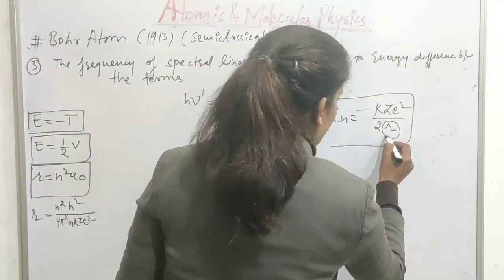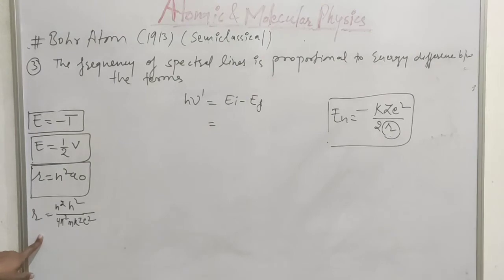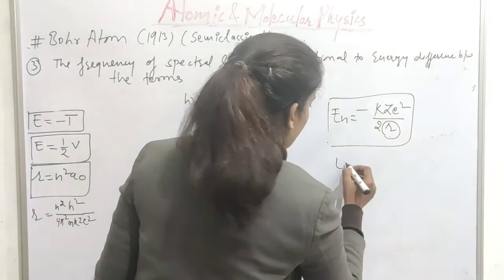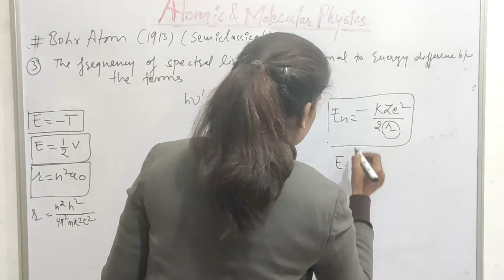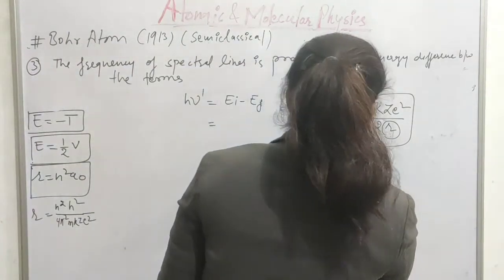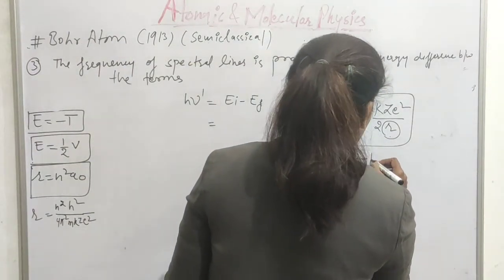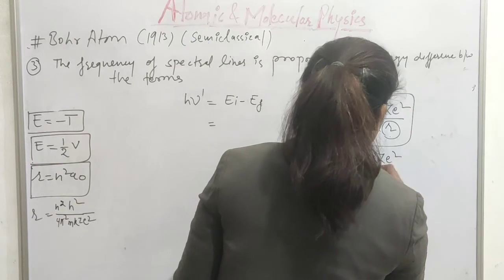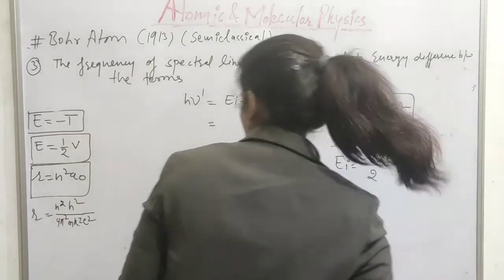Now in this value, R, we will substitute the value of R from this equation. So we have Rn. From here we can write R initial is equal to minus of k Z e square over 2.